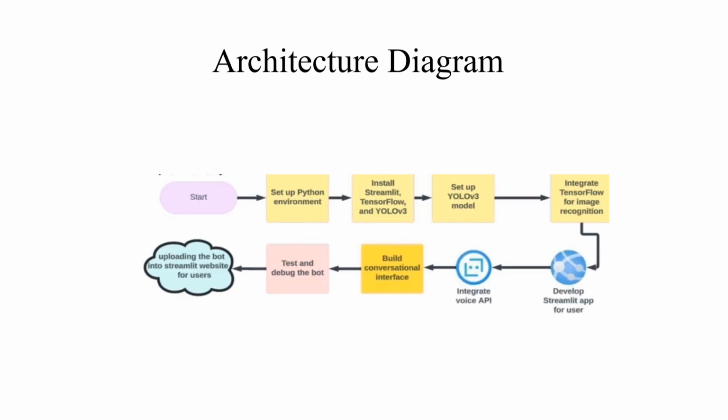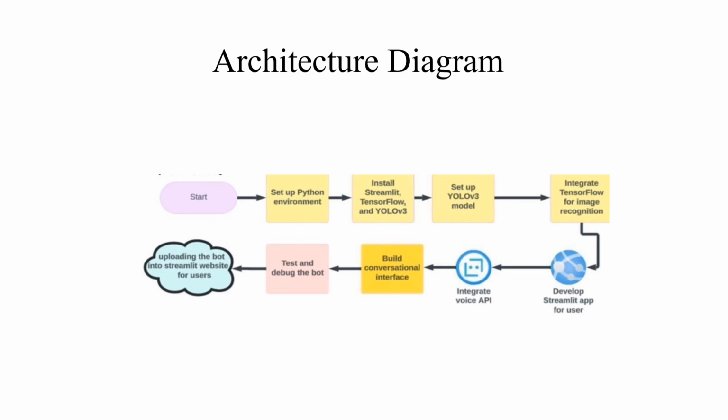And this is our architecture diagram. In this diagram, we need to set up the Python environment, and then install Streamlit for user interaction, and then set up the YOLO v3, You Only Look Once algorithm, which is used to observe and extract features from the image.